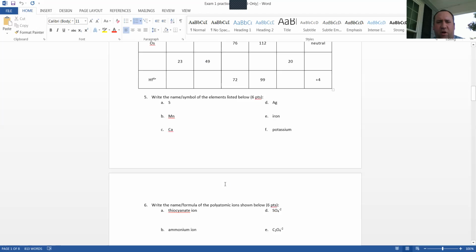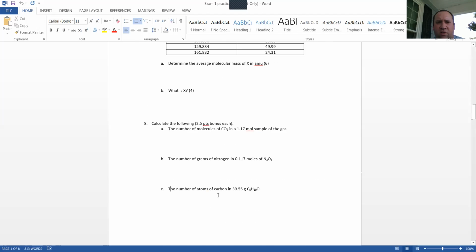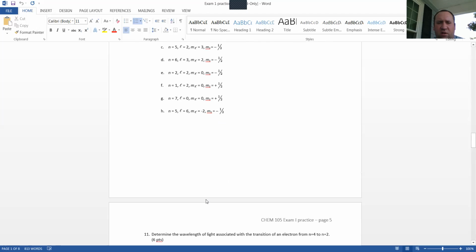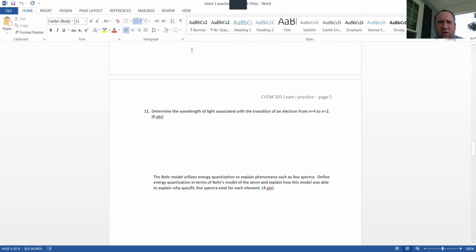Yes, that'd be the Rydberg equation. So you would set that up. Yeah, 1 over wavelength is equal to RH times 1 over N1 squared, N initial and F.